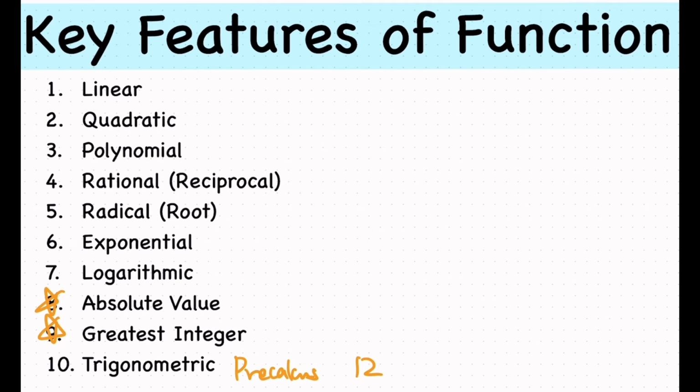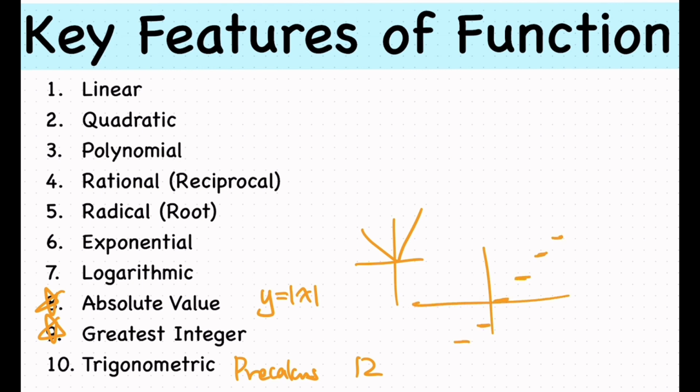So absolute value function means y is equal to the absolute value of x. It has that V shape. Greatest integer function has this staircase look. So you are taking the greatest integer which is less than or equal to the given input. I will talk about each of the functions later in separate videos in detail.